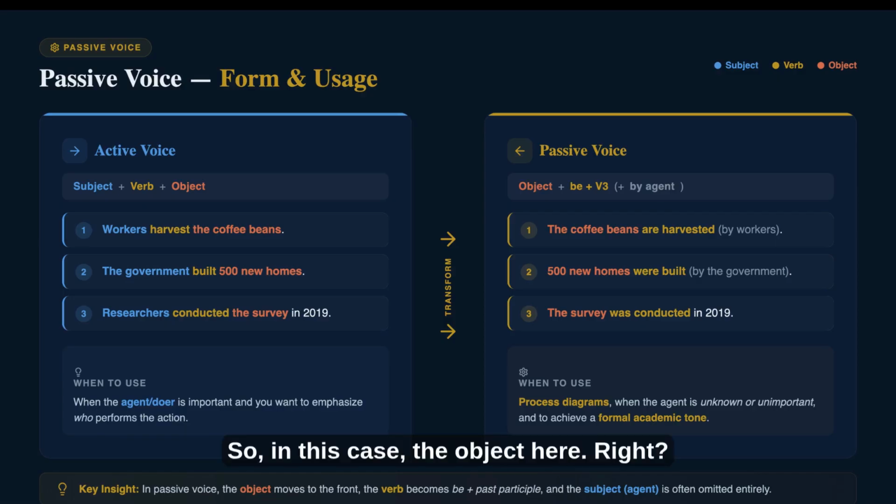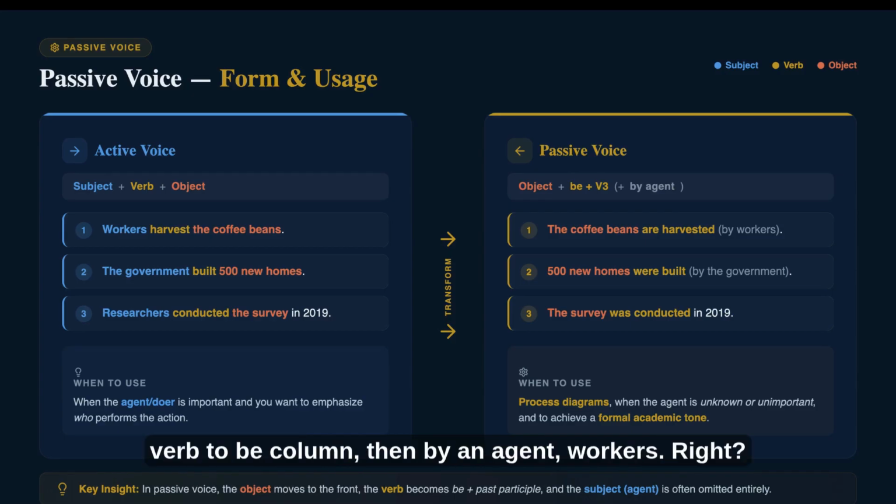So in this case, the object here, right? The coffee beans, and we have verb to be, or this is verb to be in the present tense, and harvested, that is past participle verb 3 column, then by an agent, workers, right?